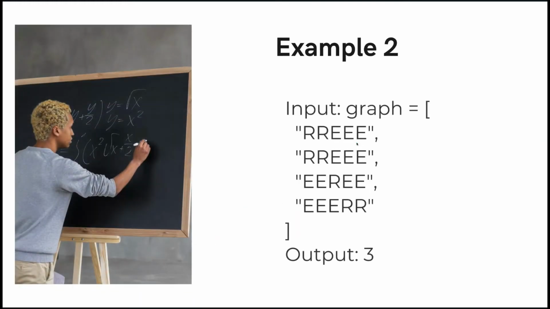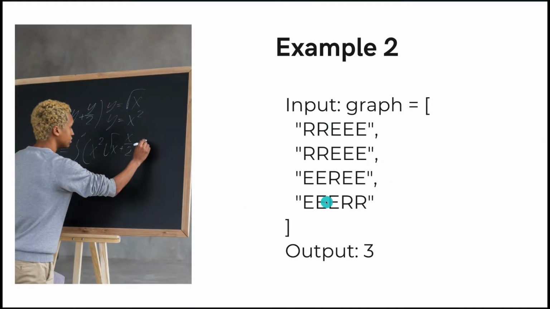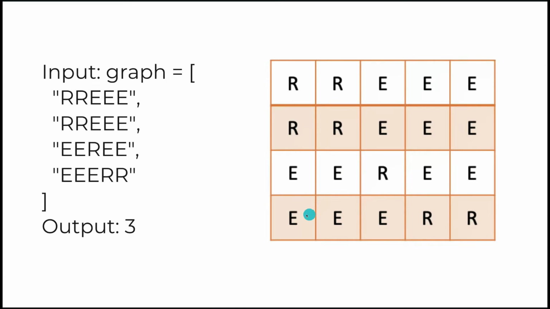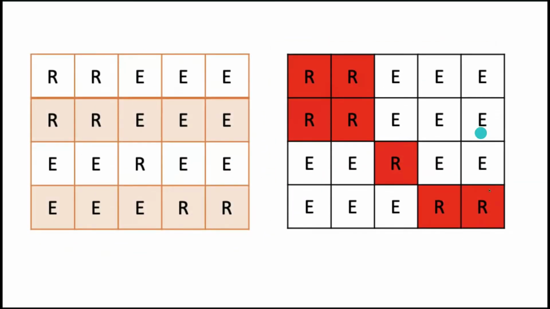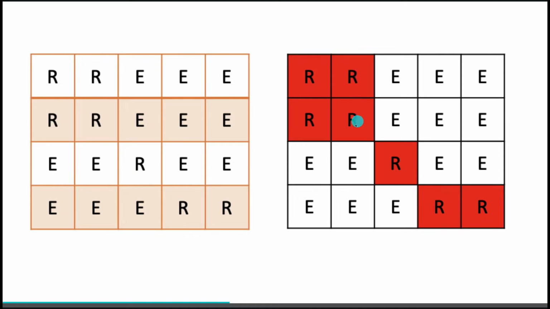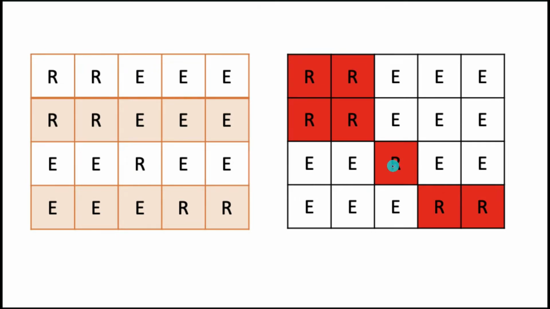Now let's look at another example. This is the input matrix and a clearer form of the matrix. This is the form of a red pixel rectangle. This is one red pixel and this is how these red and empty pixels are located in this matrix. So what happens when we click either of these red pixels? We cannot move in a diagonal direction.